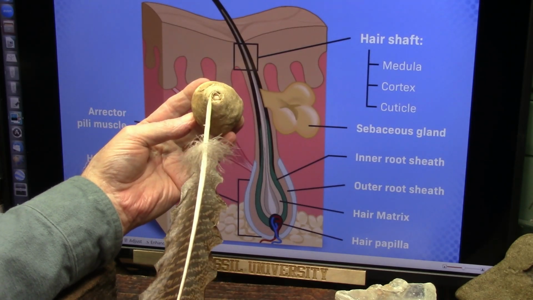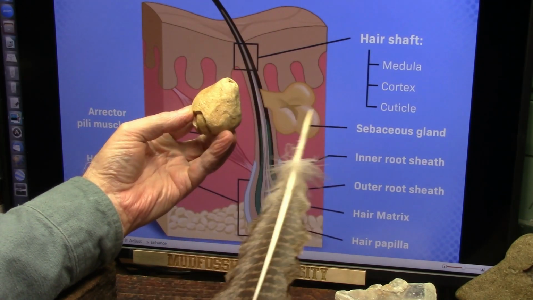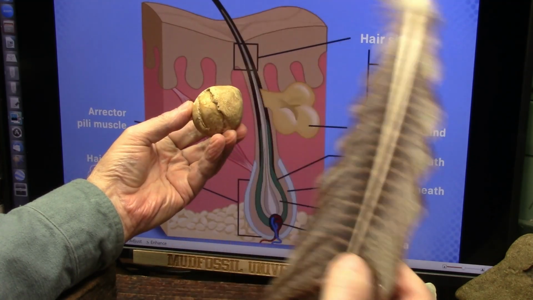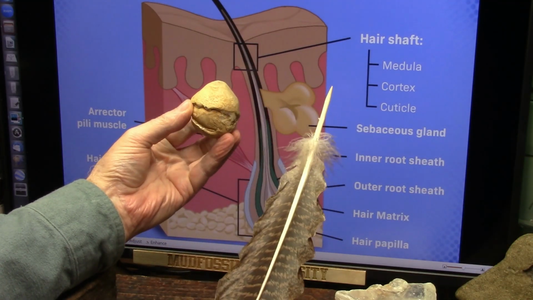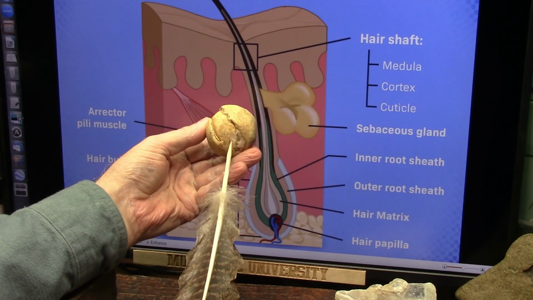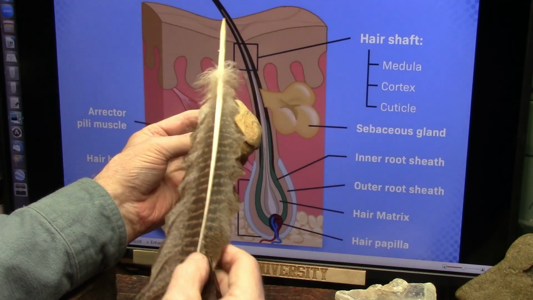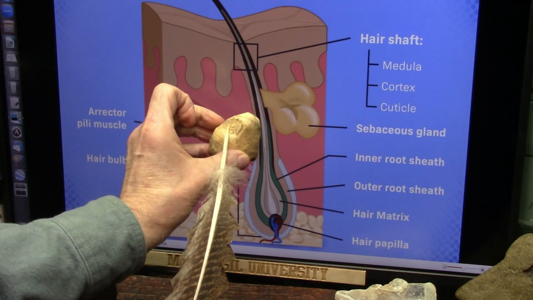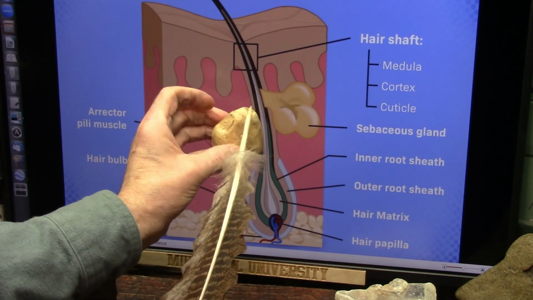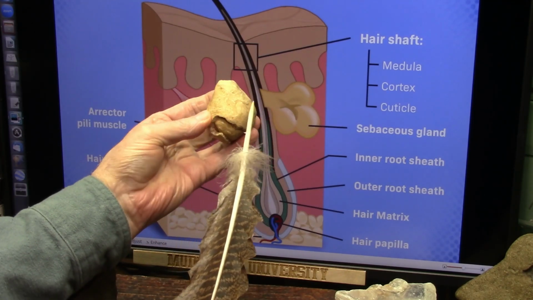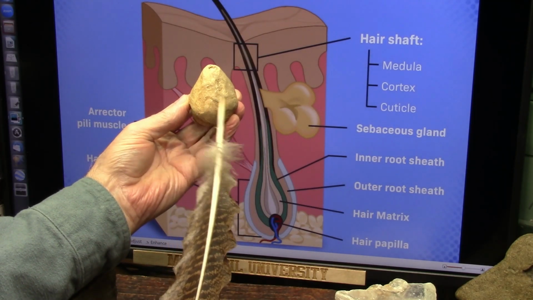Now this is a flat-sided hair, and they tell me that's a curly-haired person. That's what I heard. Now, the hair shaft comes down and comes right up through there. So don't forget it. There's your muscle. There's your hair shaft. There's your sebaceous gland.